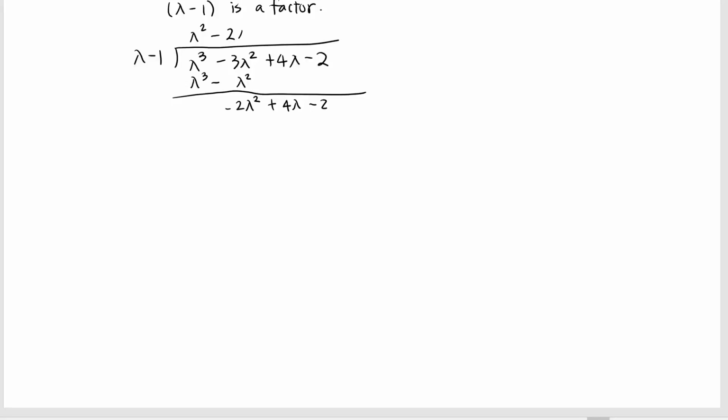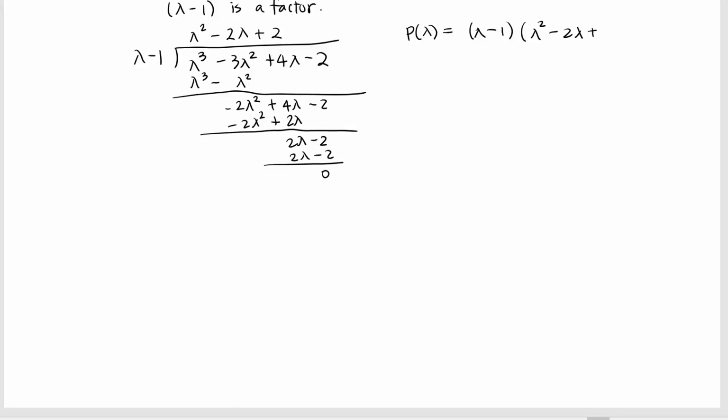And then minus 2 lambda squared plus 2 lambda. 4 lambda minus 2 lambda is 2 lambda minus 2. Oh, so it's plus 2, right? Then 2 lambda minus 2 is 0. Okay, so P of lambda equals lambda minus 1 times lambda squared minus 2 lambda plus 2.